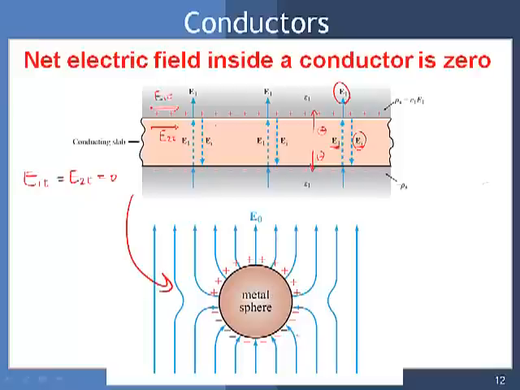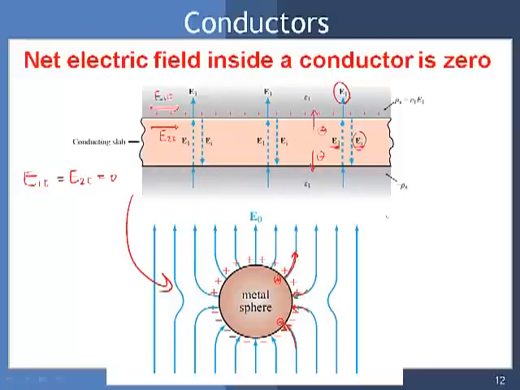As you can see, the electric field lines actually bend towards the surface so that all field lines are perpendicular to the surface. As field lines terminate or originate from the metal surface, we know they have to be associated with some charges. When a field line terminates on the surface, we know that there has to be a negative charge there, and when we have a field line coming out of the metal surface, we know there has to be a positive charge there.